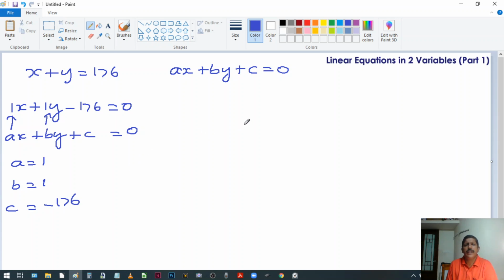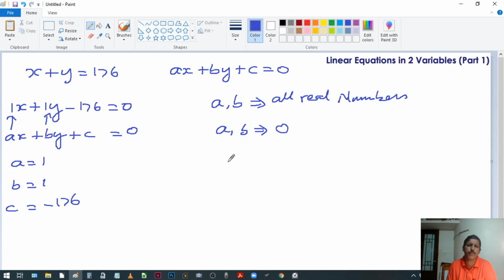So this is how a, b and c take their values. In a linear equation in two variables, what is the value for a and b? a and b can be any real numbers. But both cannot be 0 together.